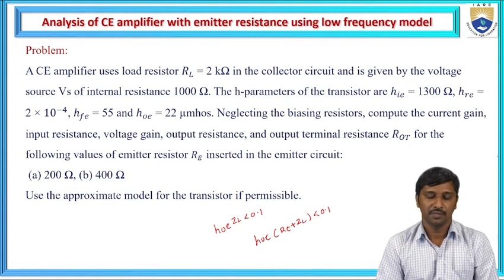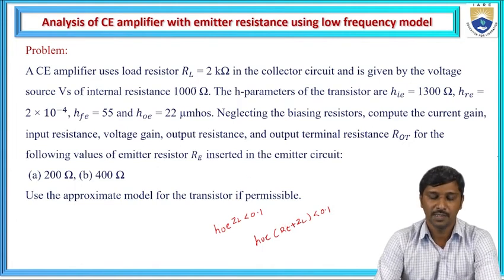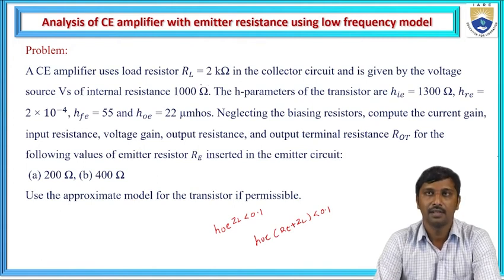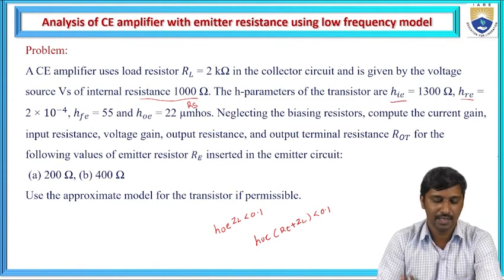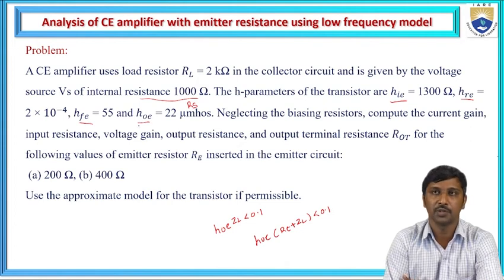Before this, first we need to identify which parameters are specified. In this problem, they specify that the load resistance is 2 kilo ohms and the internal source resistance is 1000 ohms, and the H parameters HIE, HRE, HFE and HOE.